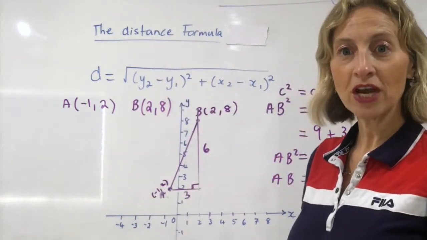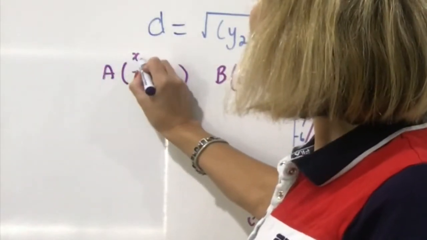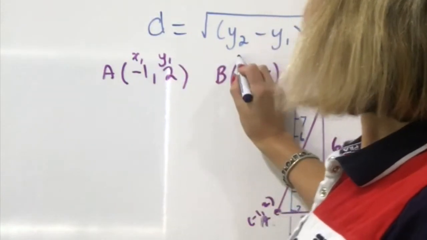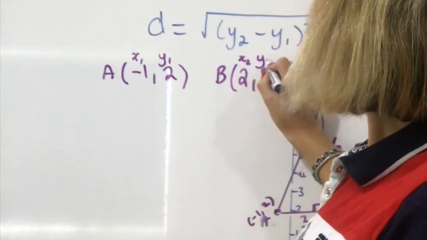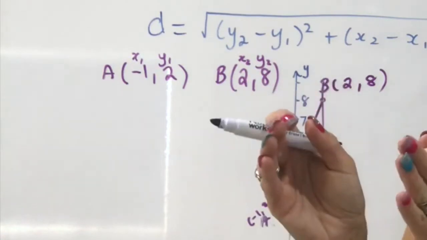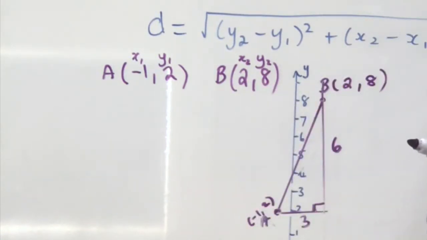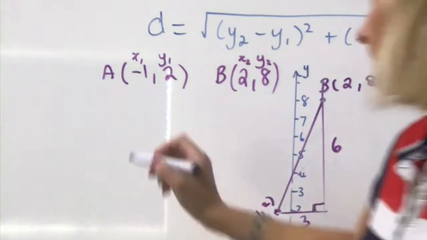Let's substitute straight into the formula without using the picture at all. I name my points x1, y1 and x2, y2. It doesn't matter which one is x1, y1 and which one is x2, y2. It doesn't make any difference, just as long as the x1 and the y1 go in one point and the x2 and y2 go with another point.